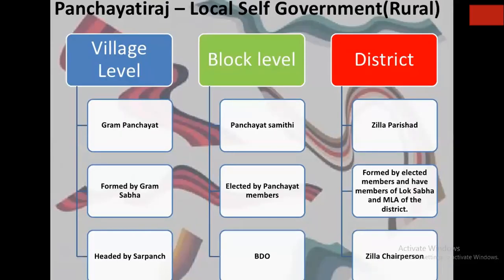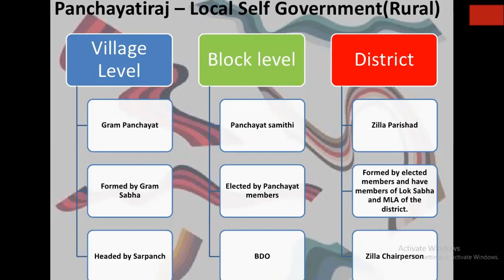Now here you can see the local self-government in rural areas, the Panchayati Raj: village level, block level and district. At village level it is the Gram Panchayat, formed by the Gram Sabha and headed by the Sarpanch. They all reside in that same village.